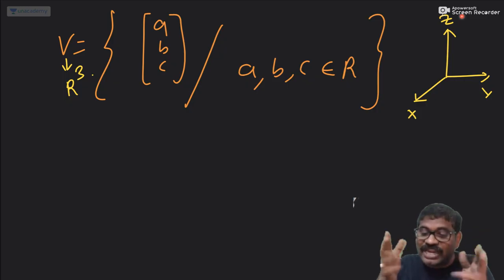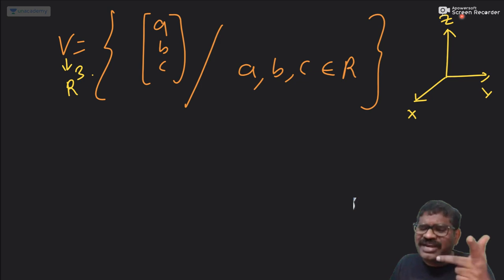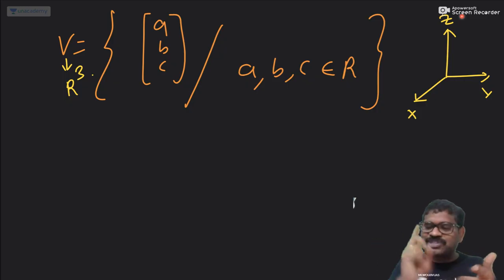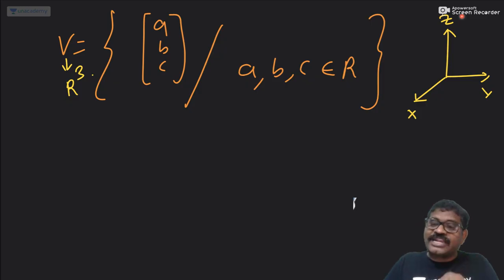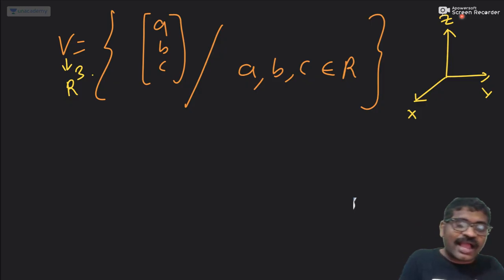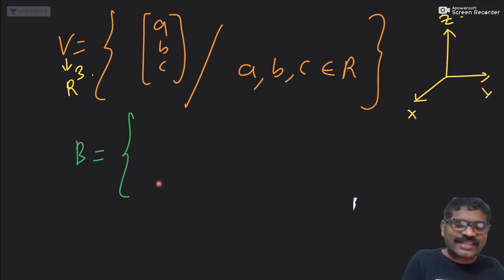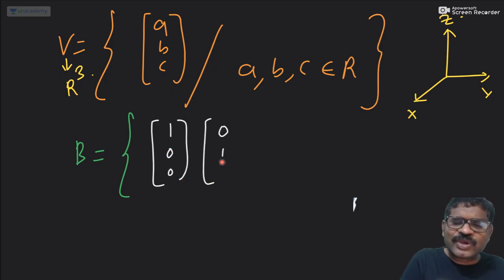If you want to create one, you have to take three vectors. If you write all these three base vectors in a set, i cap is generally represented by 1 0 0, j cap 0 1 0, k cap 0 0 1.